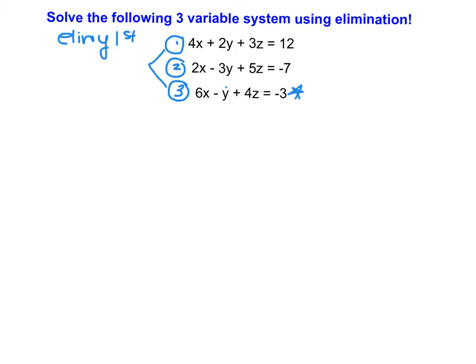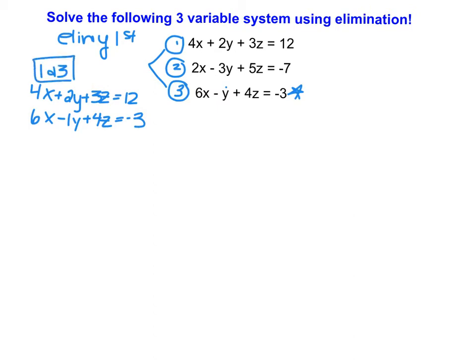Here I have 4x plus 2y plus 3z is equal to 12, and I'm pairing it up with equation 3. So I have 6x minus 1y plus 4z is equal to negative 3. So I've paired up equations 1 and 3 here.